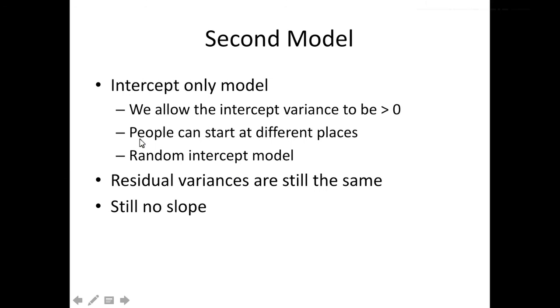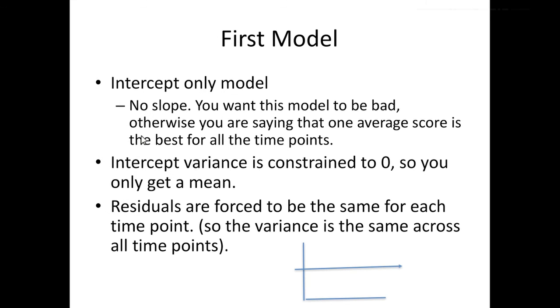All right, the second model is still an intercept-only model, so still no slope, but we're allowing the intercept variance to be greater than 0. This is variance, so it can't be negative. But we're basically saying, okay, some people's scores are going to vary around that average. Some people are going to be higher, some people are going to be lower. So this is a random intercept model, and it essentially takes this line here and says, well, some people can be 2 points up, some people can be 3 points down.